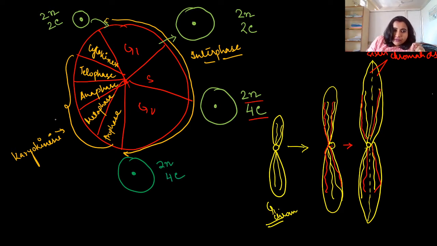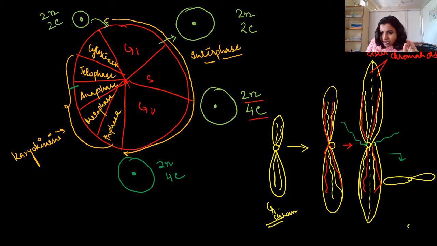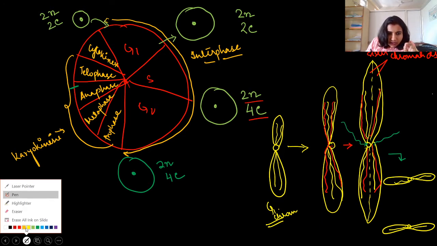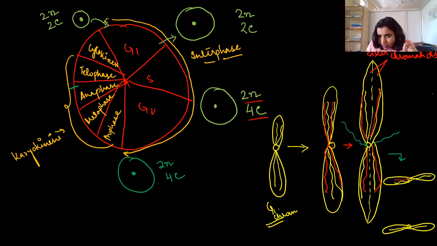But in case of karyokinesis, there is a phase called anaphase. In anaphase, what will happen? A thin thread-like structure will come and attach to the chromosome at the center, right? And this thin thread-like structure will pull the sister chromatids to two opposite ends, in this way. One will be here, another will be here. So you can see sister chromatids get separated, right?